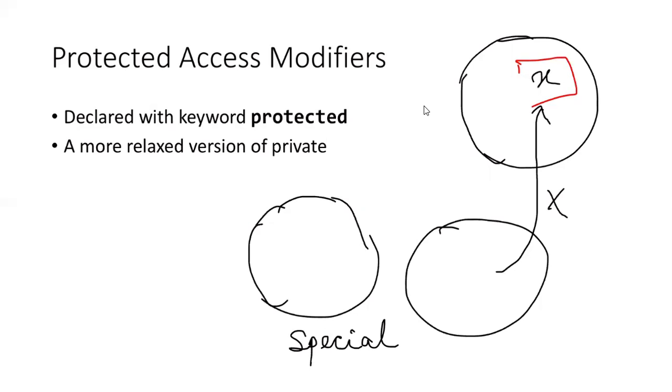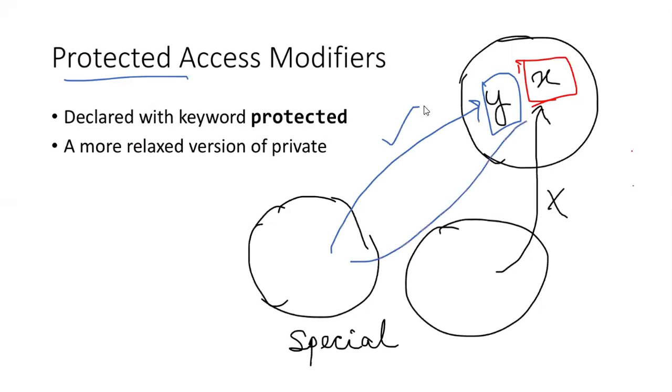This one was private. Now I have another variable y here. Let me mark it with blue. If I use blue for protected, then certain special objects will be allowed to access y. This will be allowed.